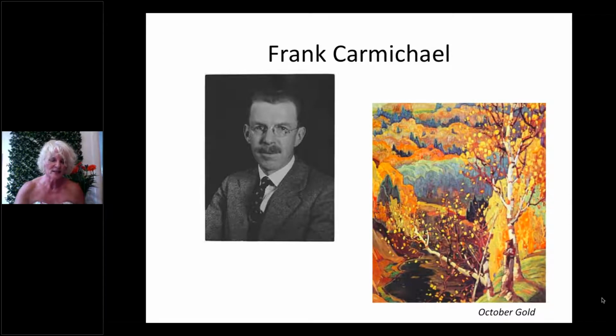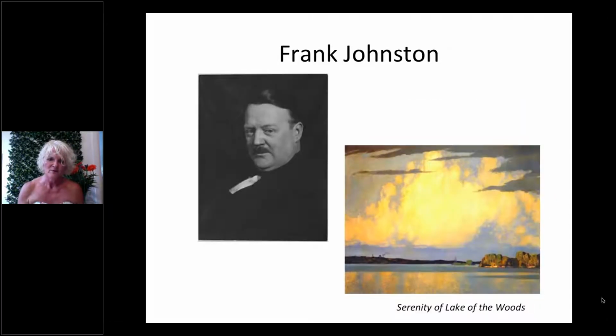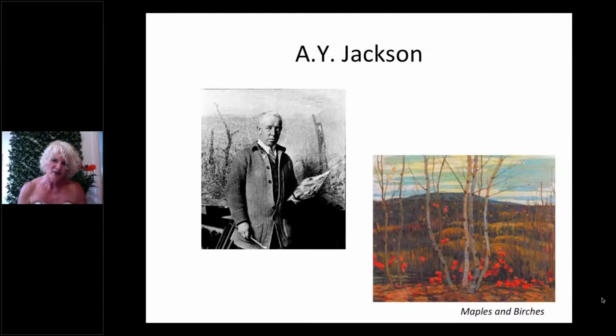Here's Carmichael, Frank Carmichael, Frank Johnston, each one with their own unique take on the landscape and on Algonquin itself. The group didn't really share any particular principles about art in common. What the group did share in common was their belief of making an art for Canada, about Canada, their strong commitment to painting this place and finding the means and the method to be able to do that.